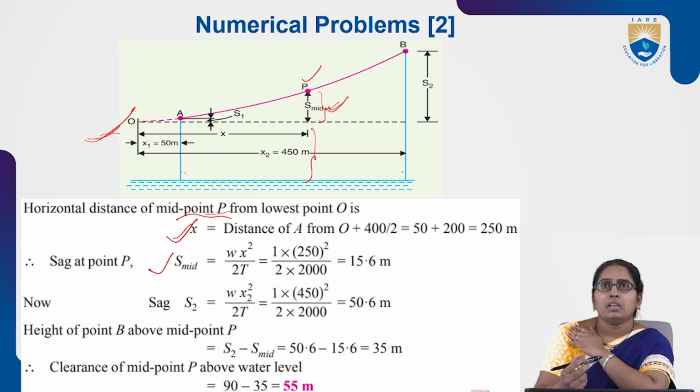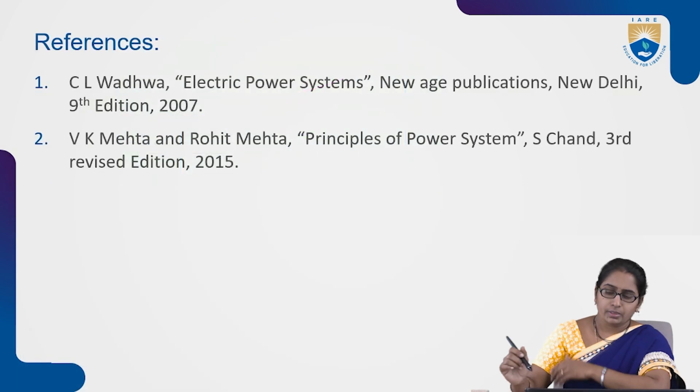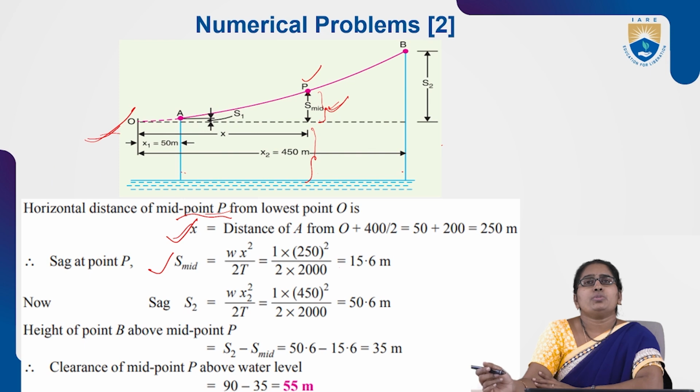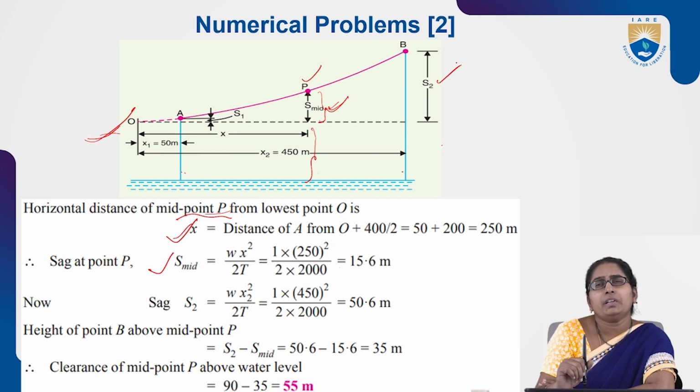One better way, like the previous idea, is to calculate S2, and then calculate the height of point B above the midpoint. So first S2 is calculated, and this is obtained.